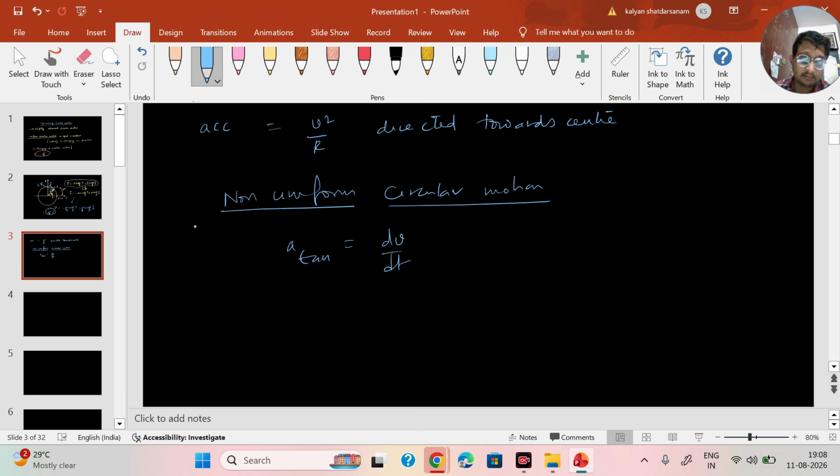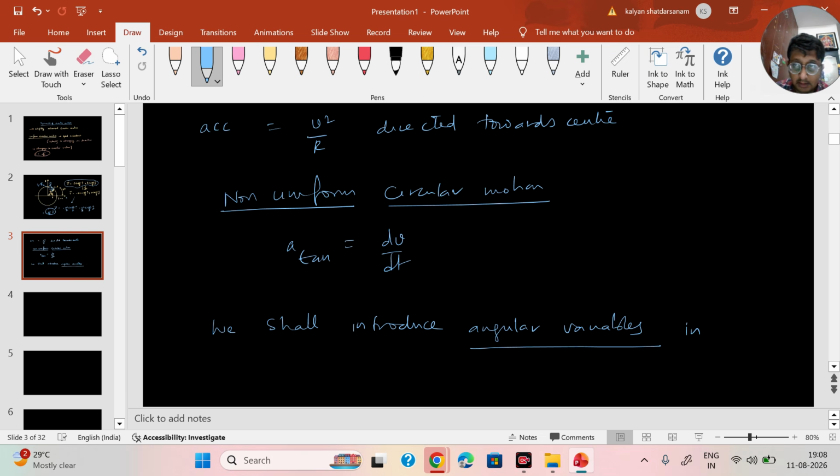Now, in today's class, I am going to introduce you to the angular variables in circular motion. Sometimes it is very convenient to deal with angular variables.